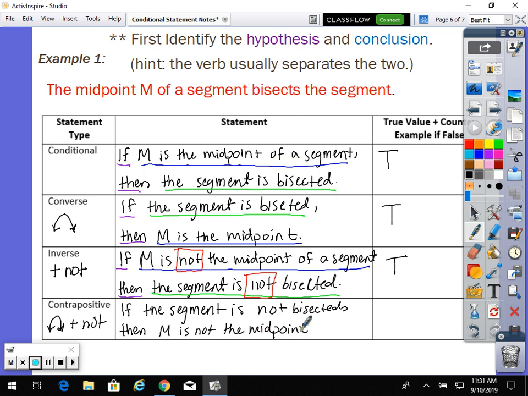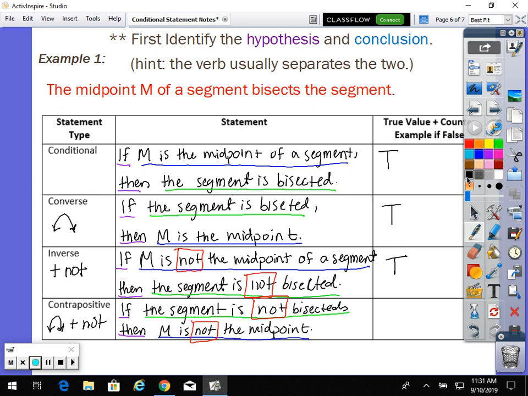And we're going to color code. So in purple, if and then. In blue, my hypothesis, which has been flipped, so it's down here. My conclusion in green. And in red, box where we've negated. So the segment is not bisected, so M is not the midpoint.